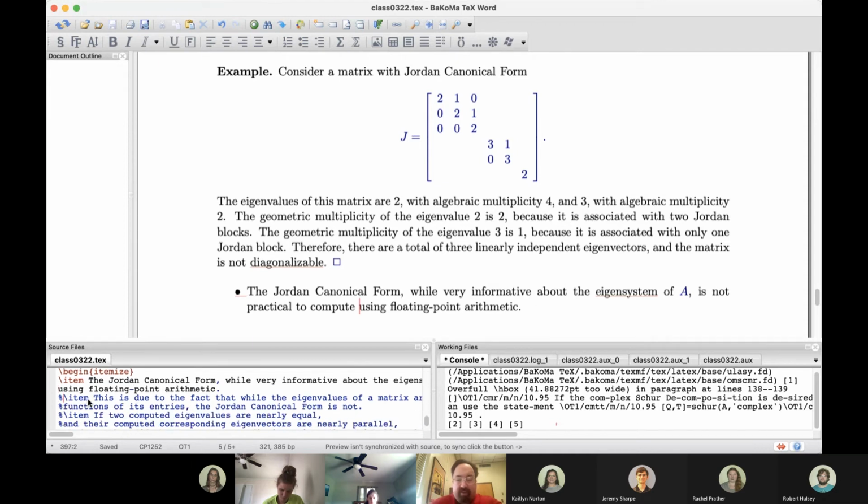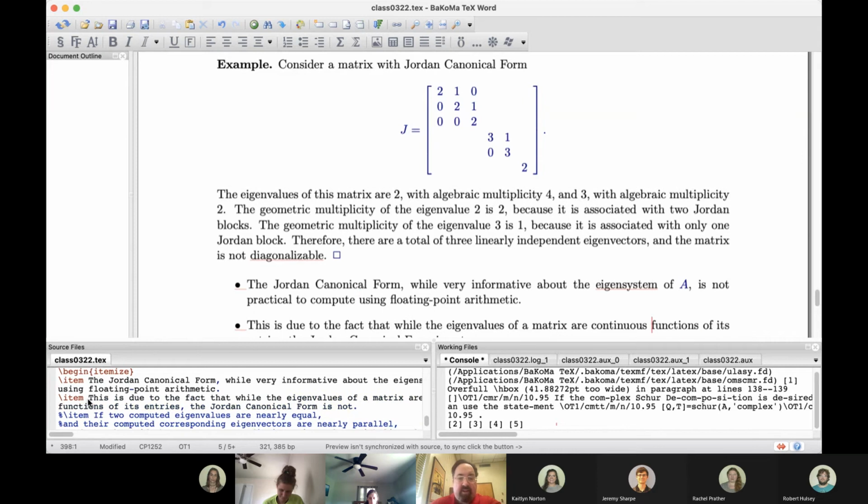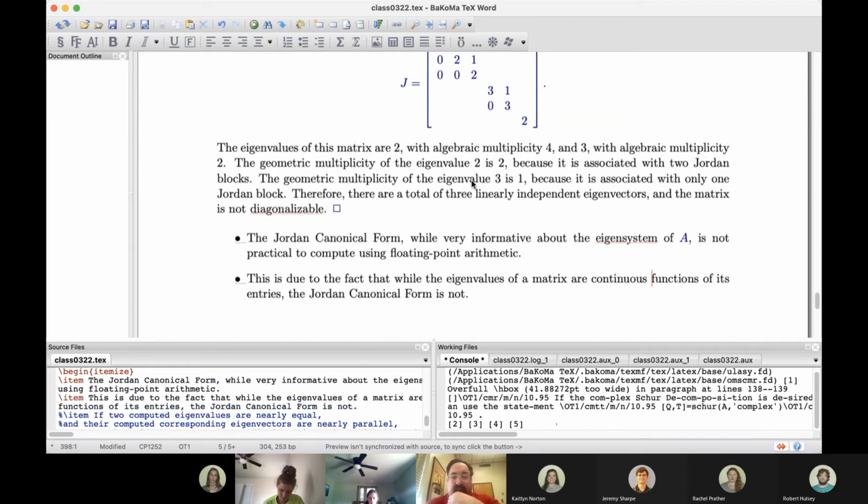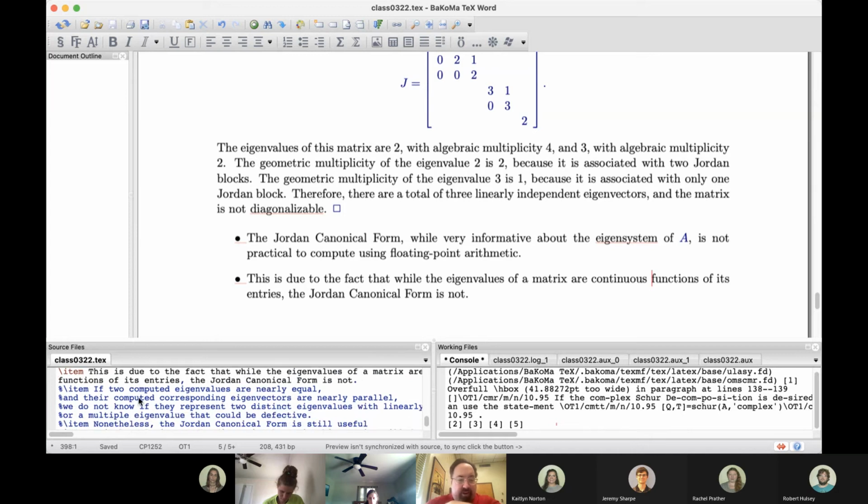The reason is that the eigenvalues of matrix A are continuous functions of the entries of A. So computing eigenvalues by some means is numerically tractable. But a Jordan canonical form is not a continuous function of the entries of a matrix.